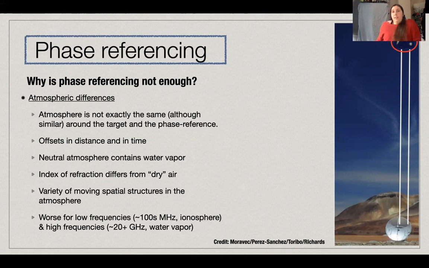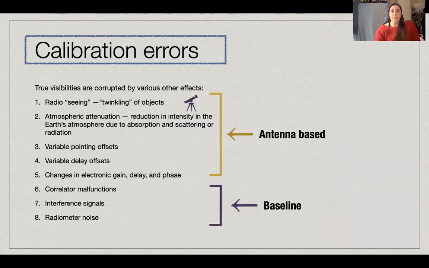At low frequencies, you need to consider the effects of the ionosphere, whereas at high frequencies, you should consider the water vapor absorption and scattering of your emission. So there are many other effects that contribute to calibration errors as well. For antenna-based errors, there is something called radio seeing.